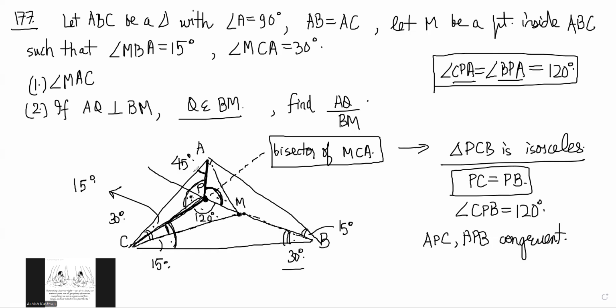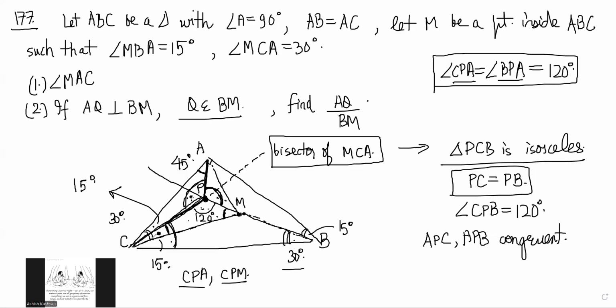Now look at the two triangles, CPA and CPM. 120, 45. 120 and here I had 15, right? So this side must be 45 then, right? Clearly they are similar triangles because 45 and 120 angles are matching.